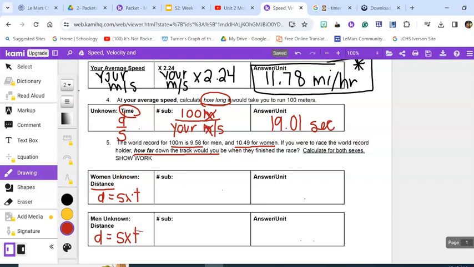Now, I've got to take my speed in meters per second. So I'm going to write down, you're going to look for your speed, so your meters per second, times what? Not your seconds, their seconds.